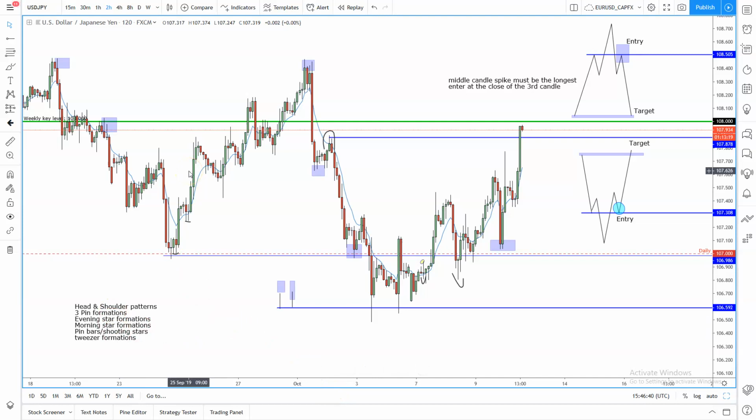So the best thing to do is to go for any pair, your favorite pair, make sure that your screen is clean and clear, and then mark out these candlestick formations and see how they play out. That's the best way to train your eye to see price action play out. And by doing that, you will definitely improve in your trading. That I can guarantee you.